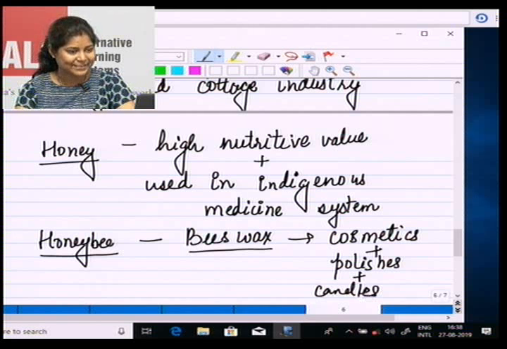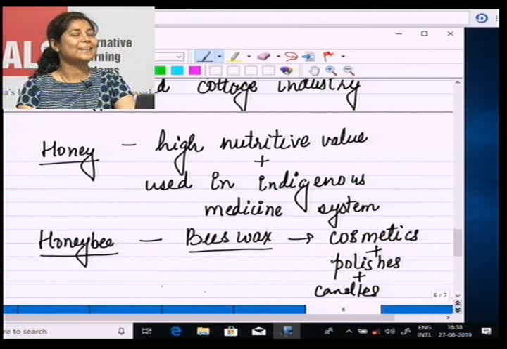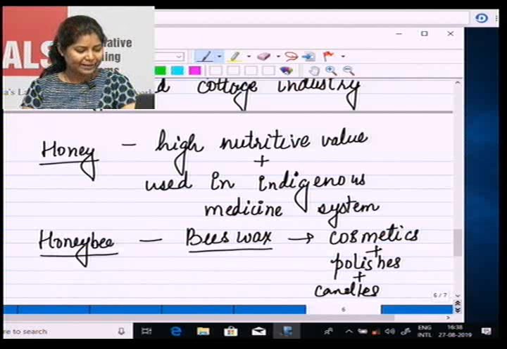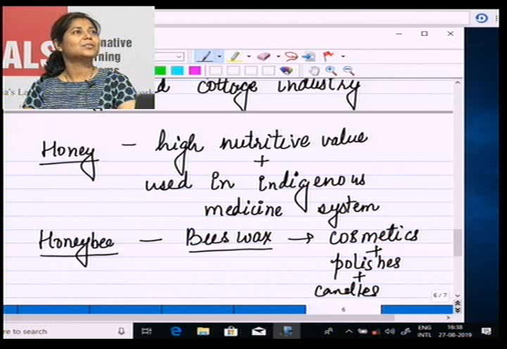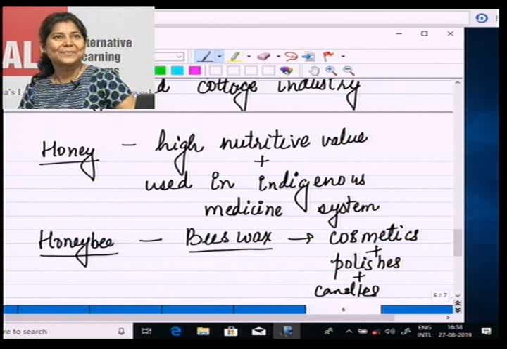Senapati is telling me it's candles. Okay, very good. Just copy and let me know if it has been done. Very good. Shillong can just give me a thumbs up. Nice.